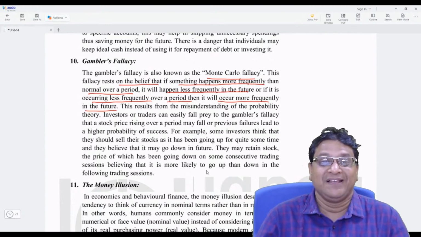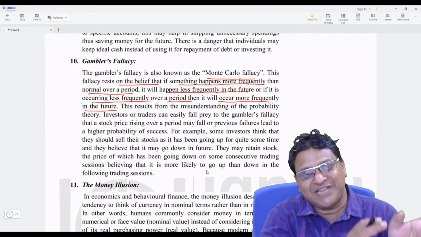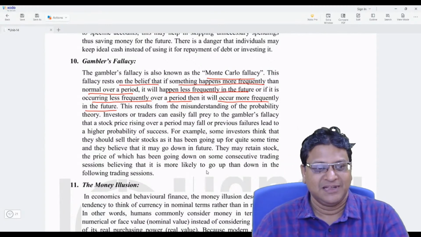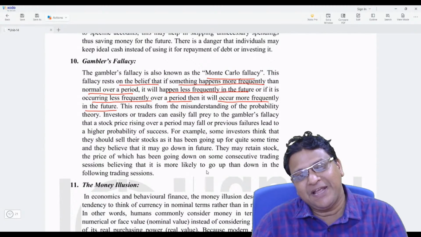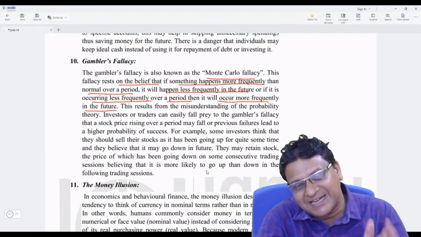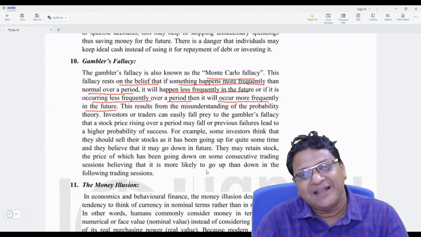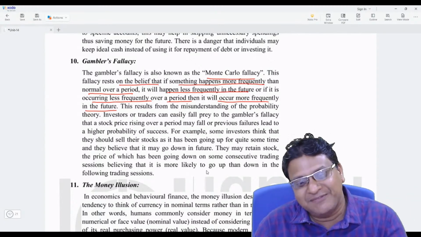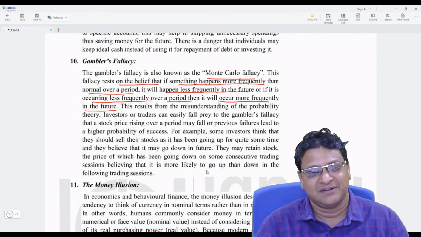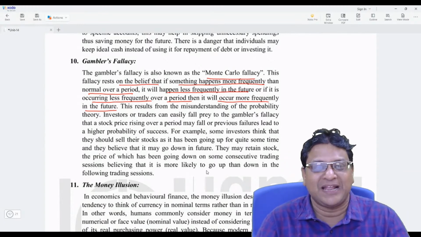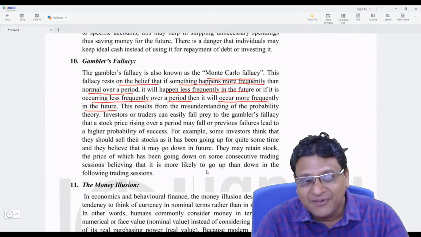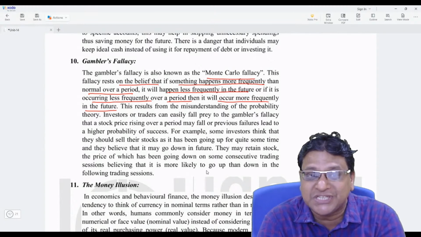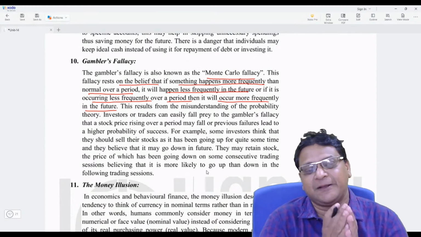You believe that in future it will declare dividend because it has not declared dividend for the last 10 years. If a company has provided dividend for the last 10 years, you believe that it will not provide dividend in future because it has already paid dividend in the last years. This is known as gambler's fallacy. You believe the opposite of what it is saying.